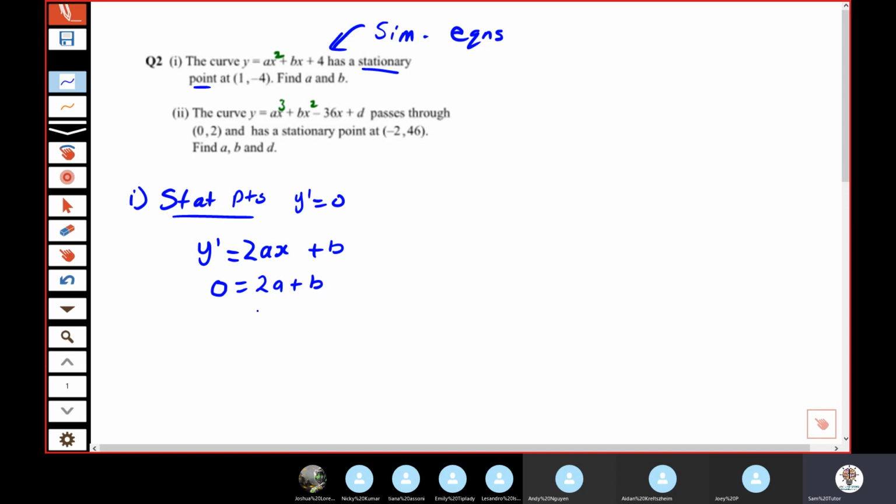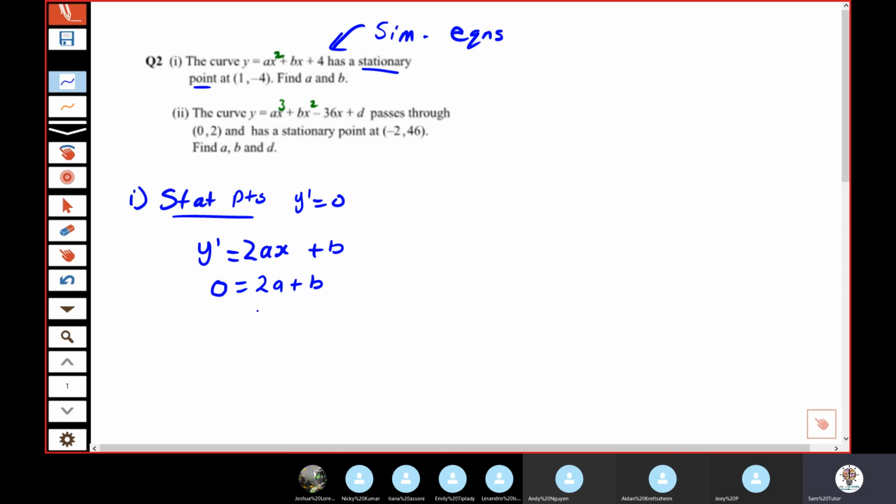Don't overthink it. If it's a stationary point, doesn't it also mean that it's a point that lies on the curve? Stationary point just means y dash, but isn't it a point that also lies on the curve? What do we do with points that lie on curves?